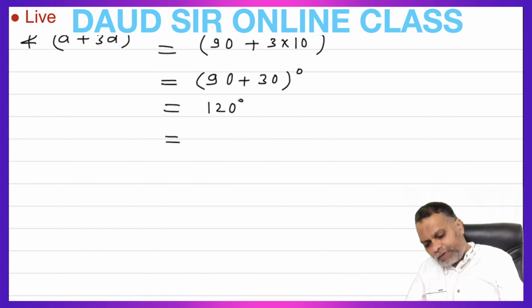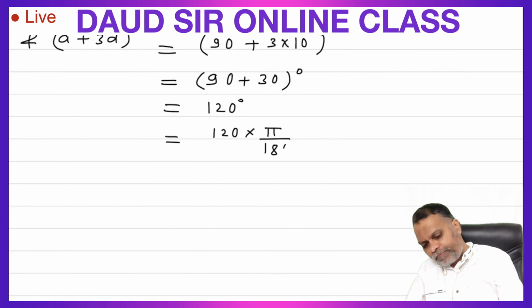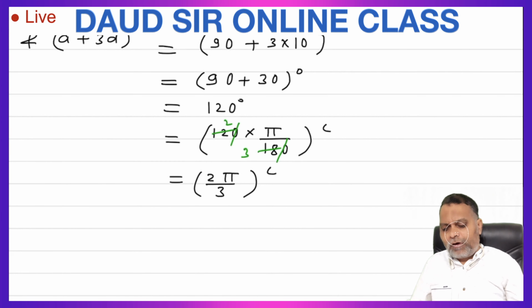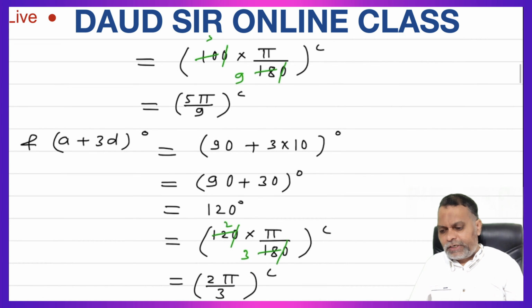Now we can convert this 120 degree into radian, multiplying by pi by 180. Simplify this, 0 0 cancelled, 6 2 are 12, 6 3 are 18. So this is 2 pi by 3 radians. So all four angles we converted into radians.